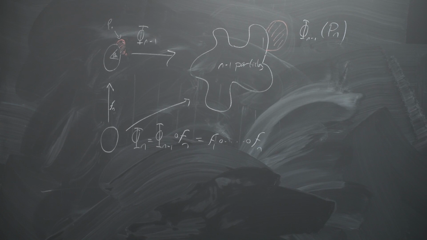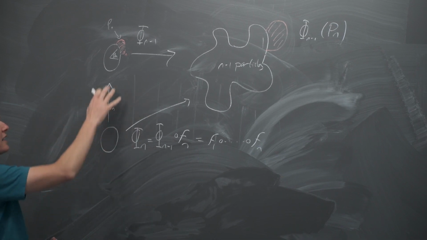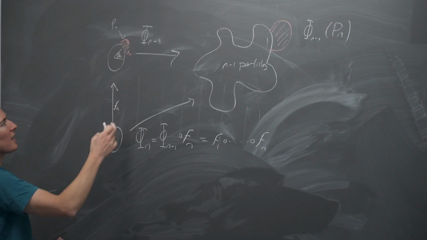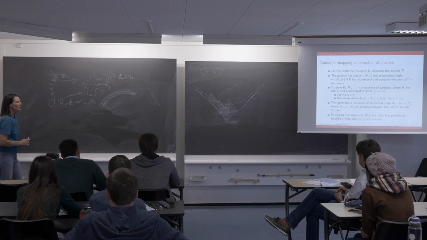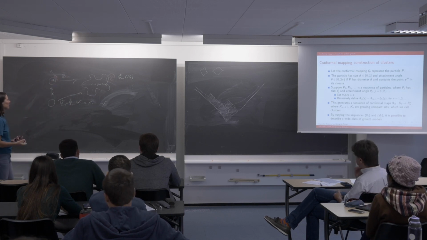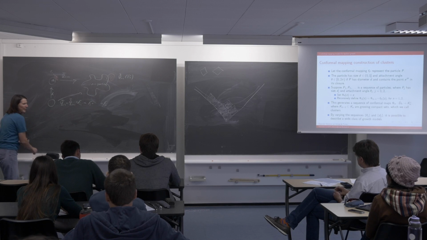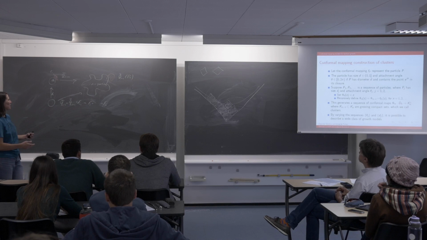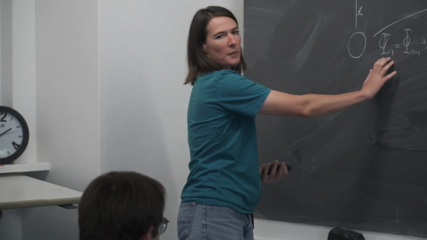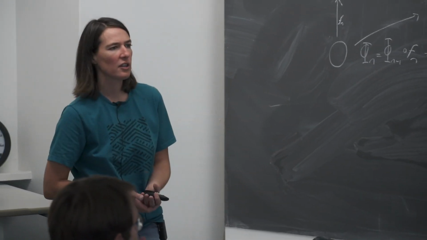So what did I need in order to carry out this process? I needed to know what angle I was putting my particle at and how big I wanted my particle to be. Those were the two inputs that I needed. And if you gave me any sequence of angles and any sequence of sizes, I could apply this process and give you a sequence of conformal mappings corresponding to those shapes.